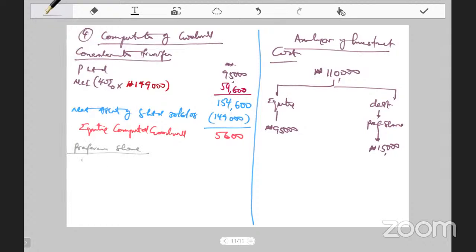So for my preference shares, how much was the consideration? In this case, we'll be talking about that of the parent. How much did he pay? 15,000. So for the parent, X Limited, he paid 15,000.